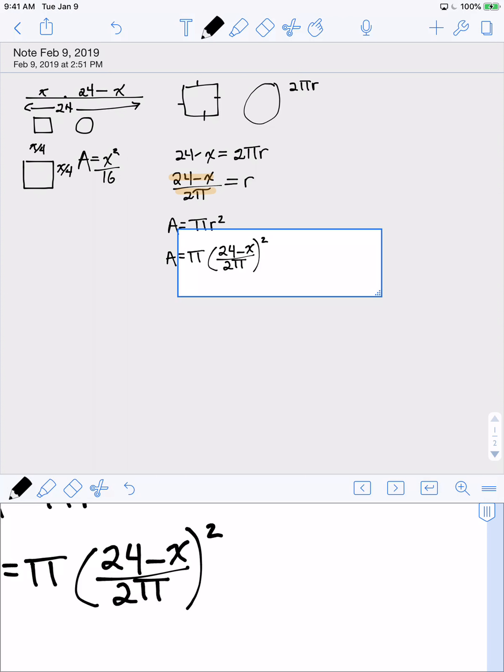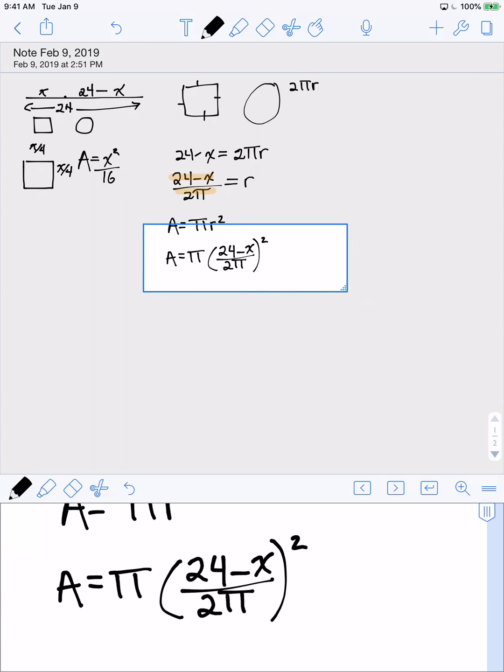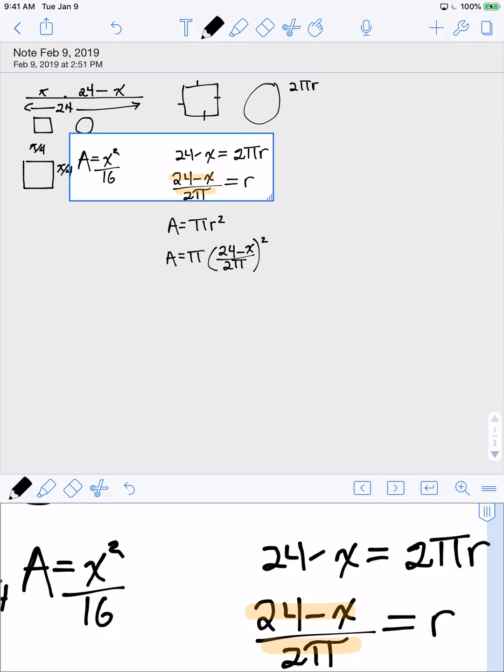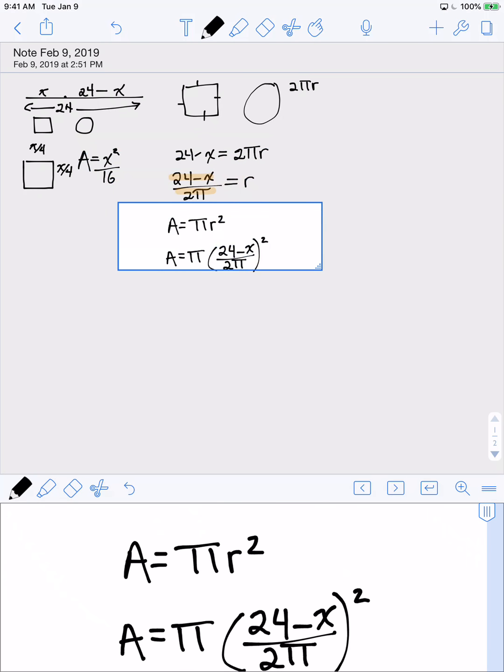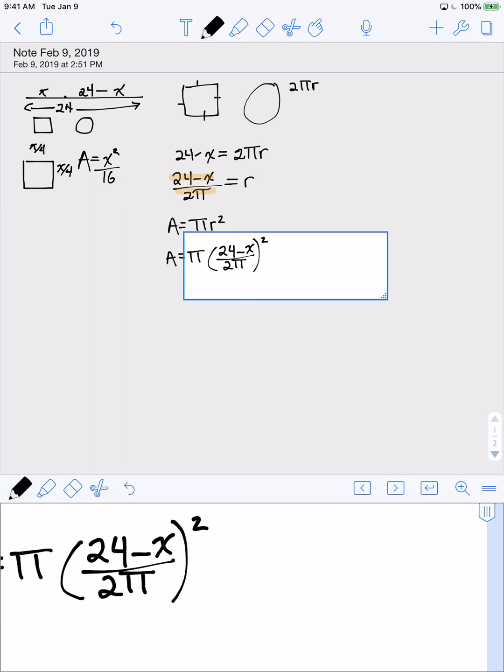And basically what I'm going to do is take the area of the square, which is right here, x squared over 16, and the area of the circle, and I'm adding them together because I'm using the wire for both. I'm going to find the derivative because that's what I need to do to optimize. I'm going to set that derivative to 0, and it's going to give me the x value that will give me the maximum area for the square and the circle, okay?